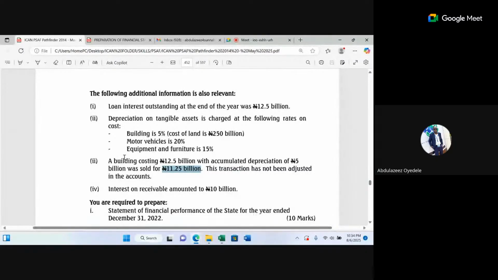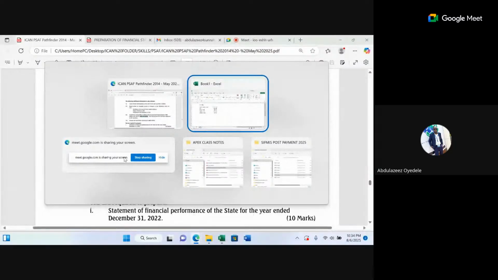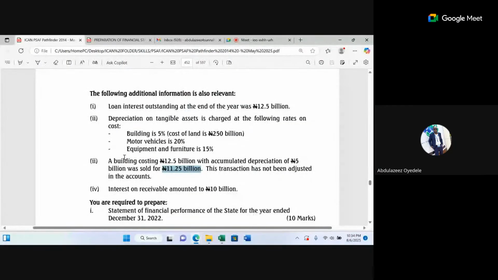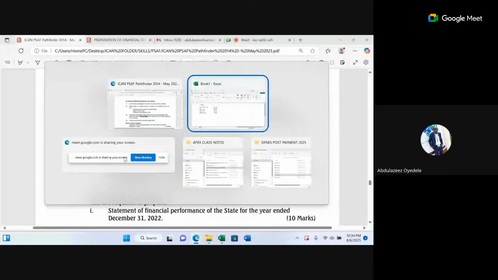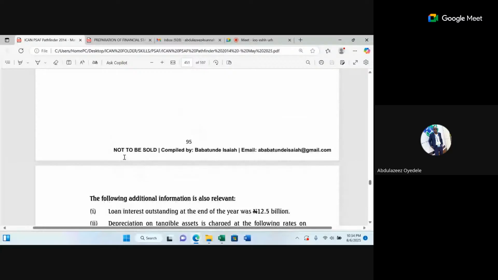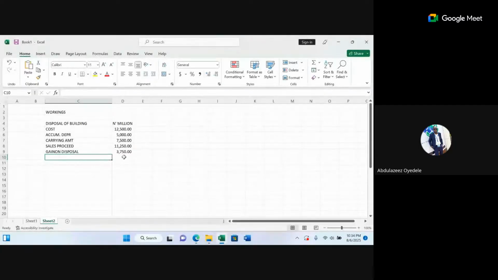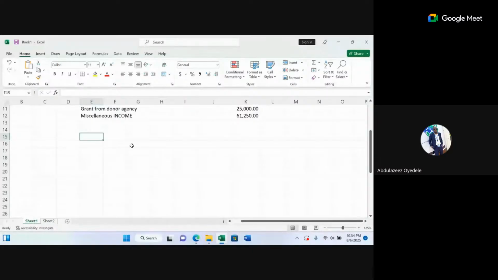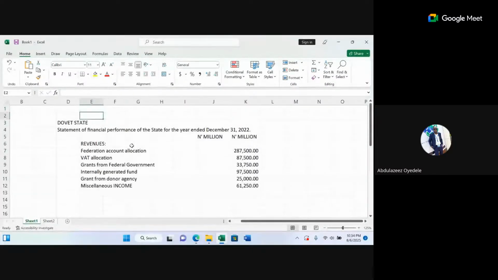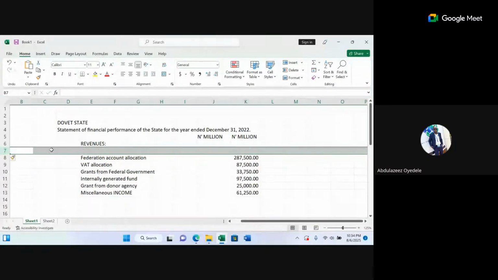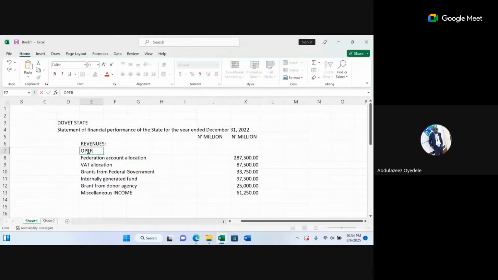That's also revenue, but this is a revenue that we can recognize as other income. So I believe with that we can now go to our, let's take this as operational revenue.